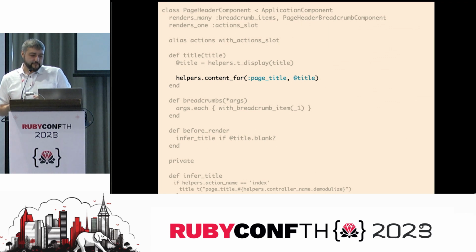Another hack here is that because the view components have access to the helpers, you can actually pass data back to content for. Like in Rails views, we have content for and yield in your layout. For example, when I set a title that's displayed in this page component, my HTML head title also becomes this value.